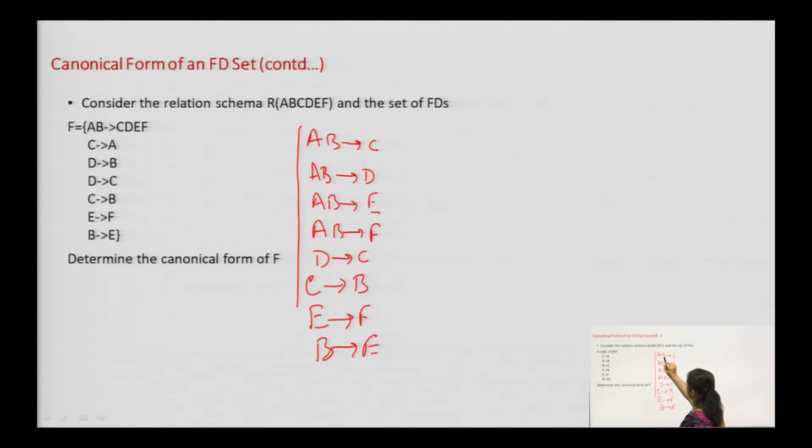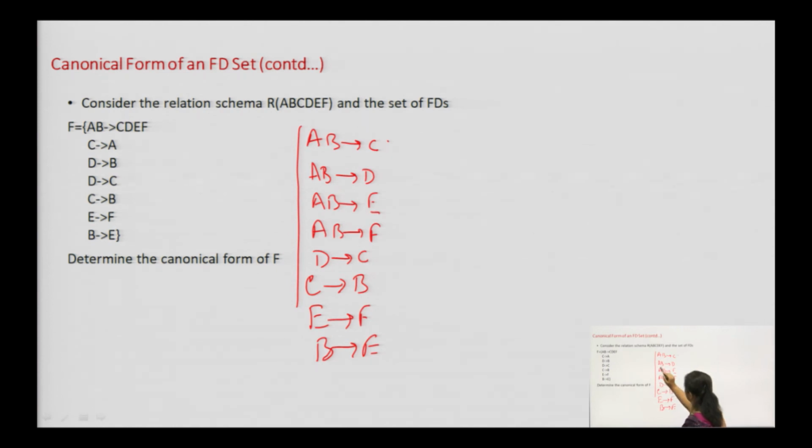Removing B from here, we do not have any FD as A to C. So, we say that B is not extraneous. Removing A, we get B to C. Again, when we see B to C, we do not have B to C anywhere. So, again there is no extraneous attribute over here.